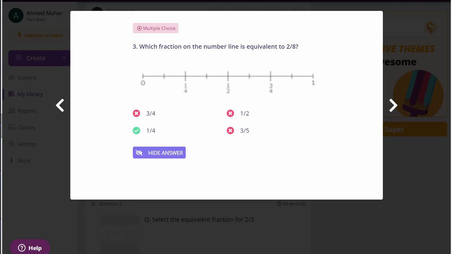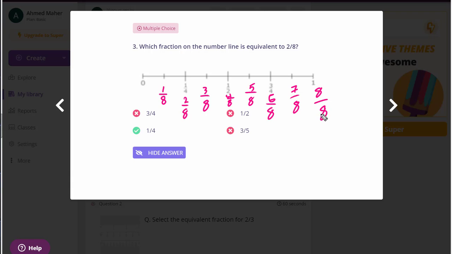And my heroes, focus. Why is this the correct one? As you can see, these small ones represent the eighths, divided into 8 parts. So this is 1/8 here, 2/8, 3/8, 4/8, and so on. 5/8, 6/8, 7/8, and here 8/8.